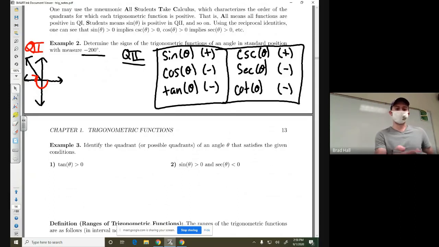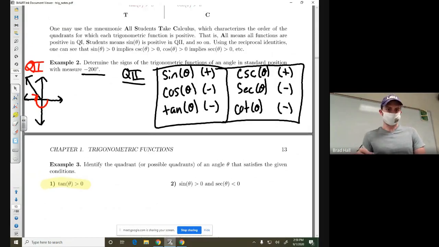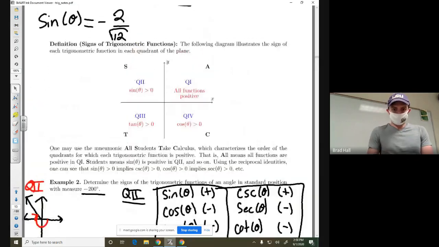So for part 1 here, tangent. For tangent to be positive, well, let's look up at our chart here. First quadrant, everything's positive. So tangent could be positive there. Second quadrant, sine. So tangent would be negative. Tangent would be out. So quadrant 1, good. Quadrant 2, not good. Quadrant 3 specifically says tan can be positive.